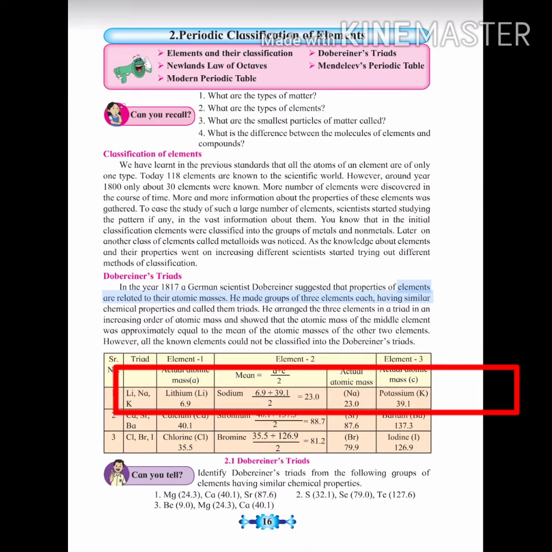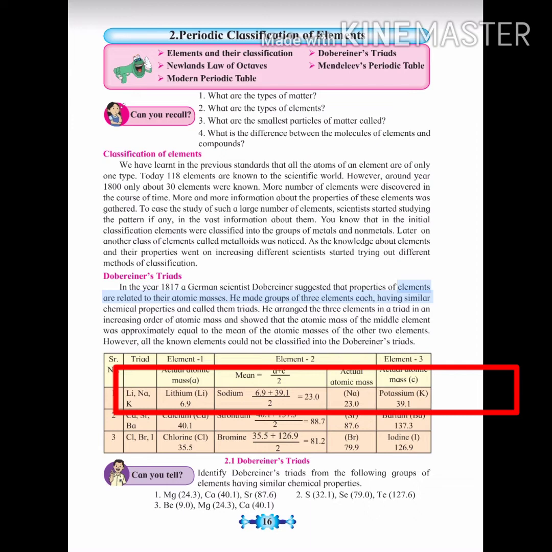Atomic mass and atomic number you have already studied, and I will also take up this topic, but for now just remember that the basis for classification for Dobereiner's triad was increasing atomic mass. He said the atomic mass of the middle element is the average of the atomic masses of the first and third elements.